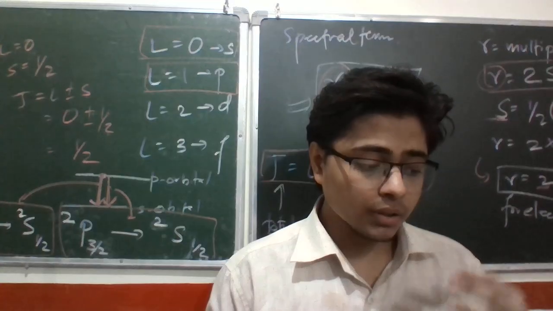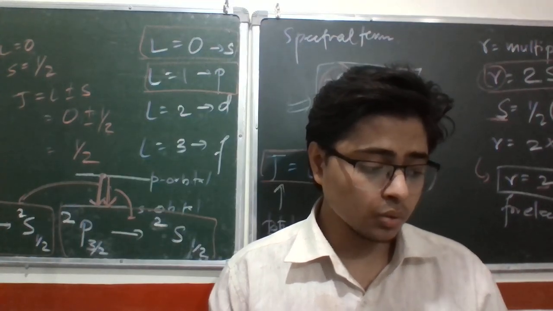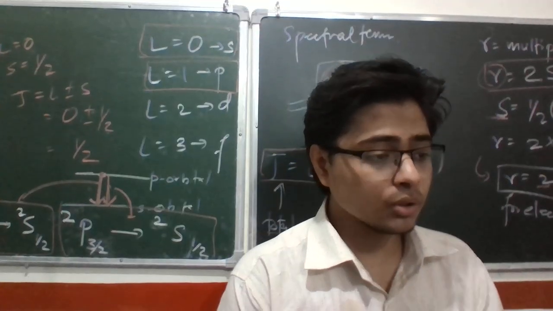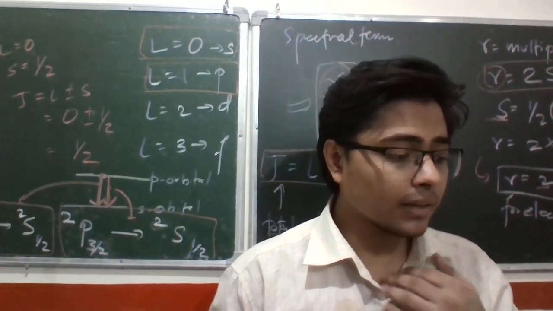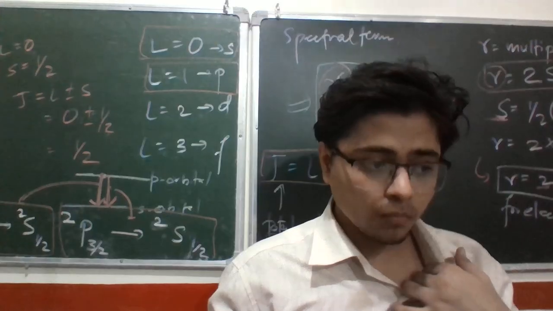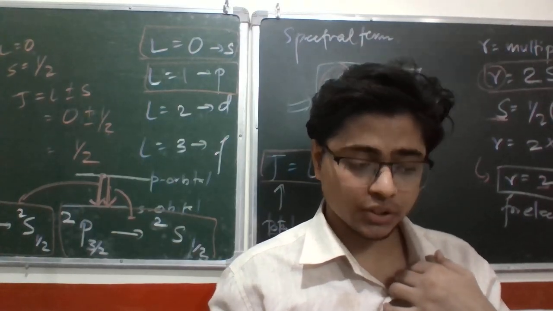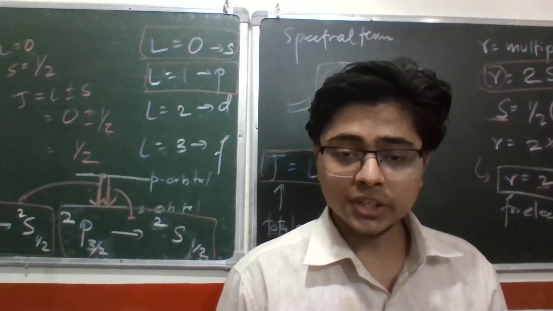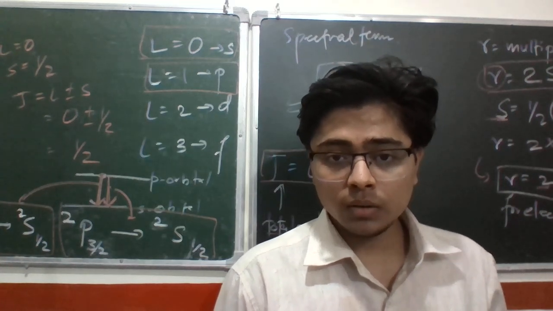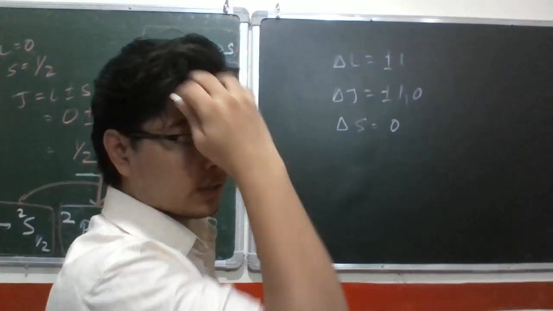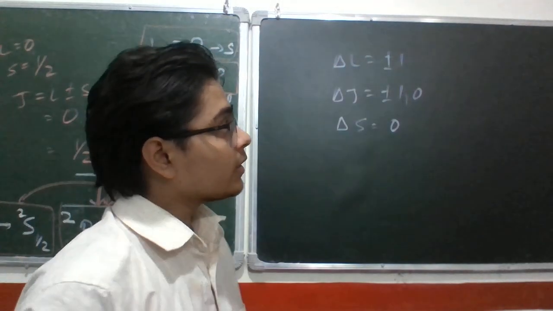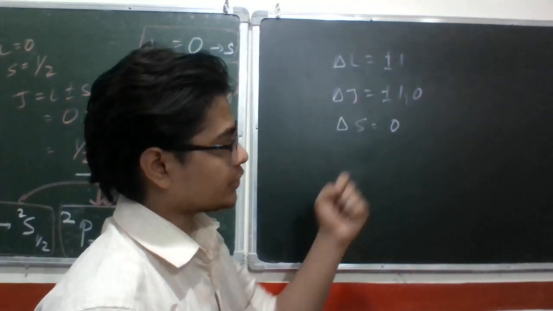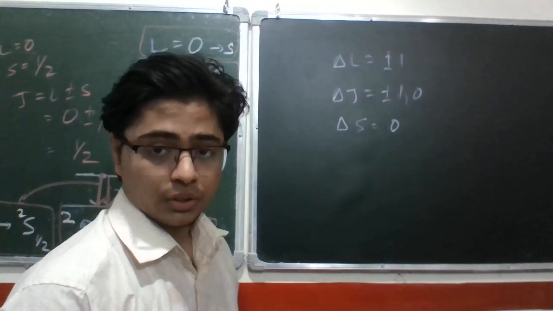The transition of an electron between two energy levels is governed by certain rules. There are three selection rules. First, delta L equals plus minus 1. Second, delta J equals plus minus 1 or 0. Third, delta S equals 0.